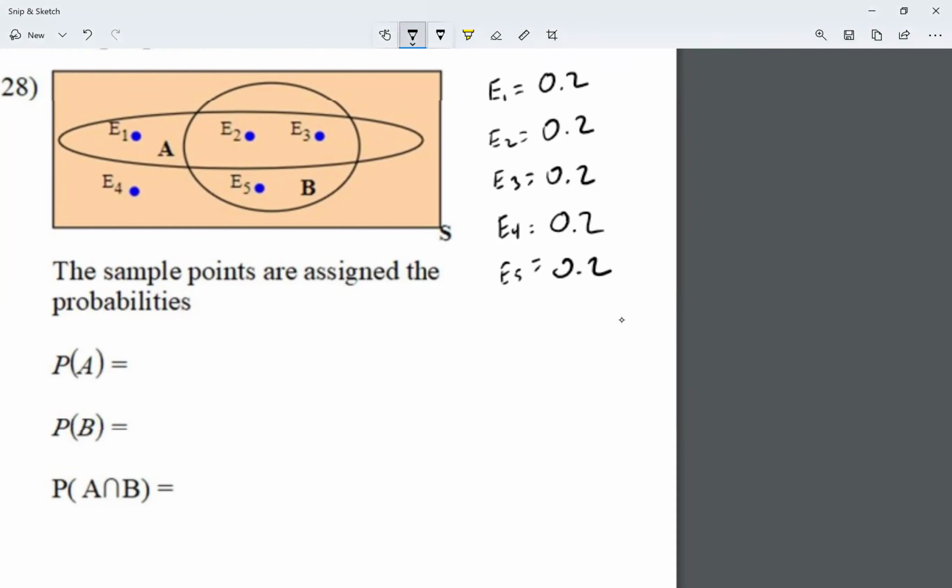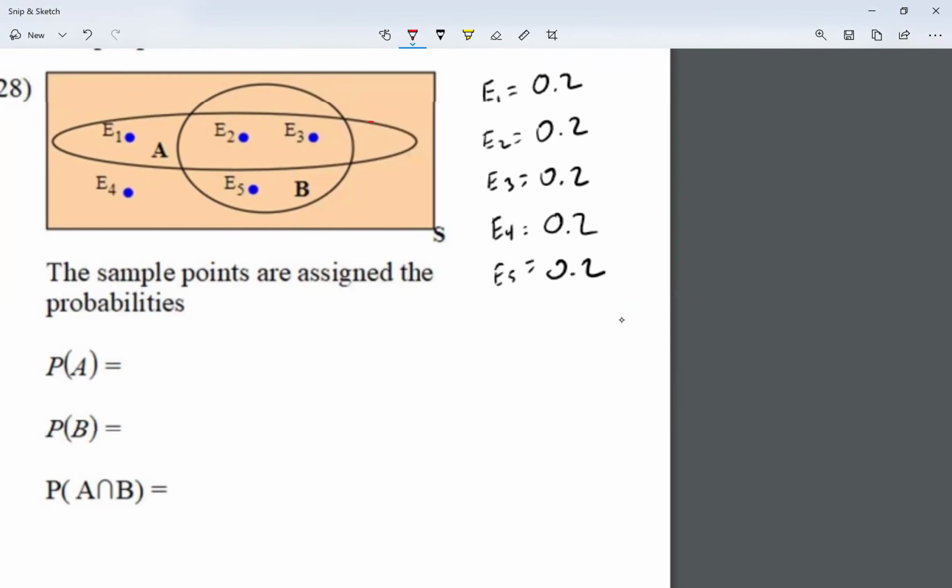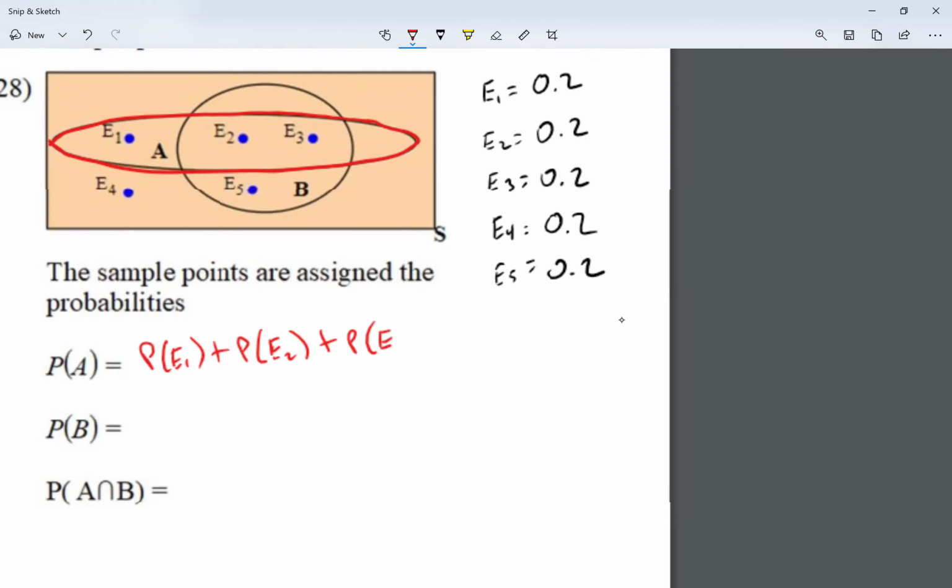So let me look at oval A. Let me do this in red. What's inside A? Well, the points E1, E2, and E3. So I'm asking here, what's the probability of E1 plus what's the probability of E2 plus what's the probability of E3?